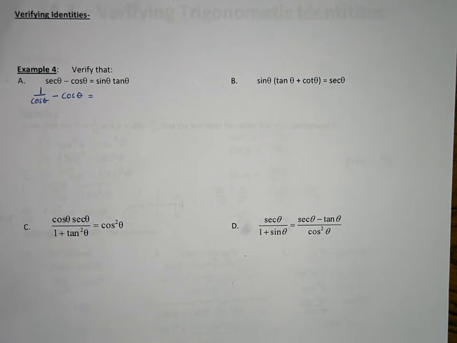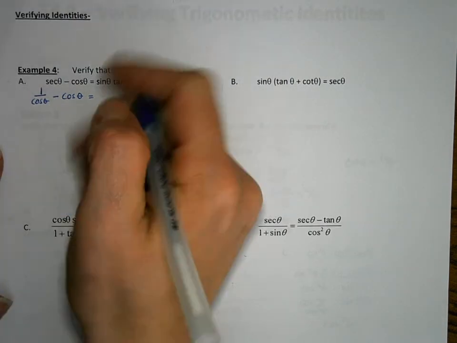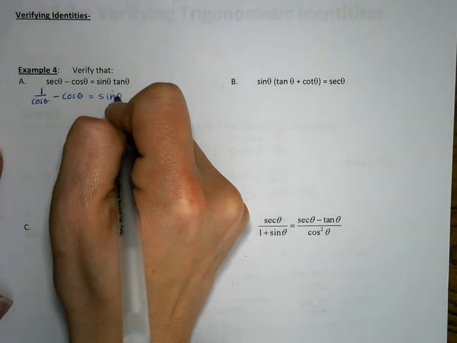You may not change anything on the other side. It always will say sine theta, tangent theta. But every single step, you need to bring that down. So we just changed secant into 1 over cosine minus the cosine, but that's still equal to sine of theta, tangent of theta.